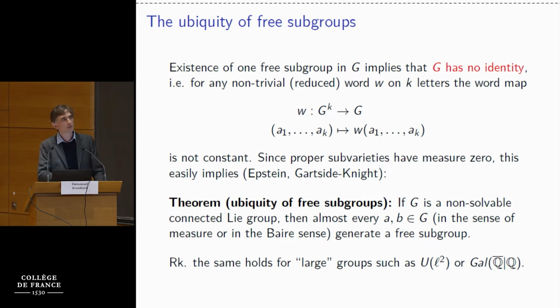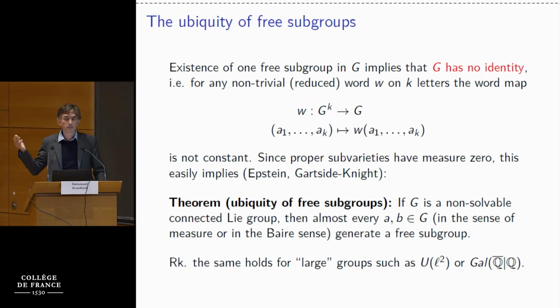And so I gave an example in the case of the Lie group. If you have a Lie group, then these word maps are, of course, analytic maps. And the word variety defined by the vanishing of the word equals the identity will be an analytic subvariety, so it will have 0 measure. And there are only countably many words.